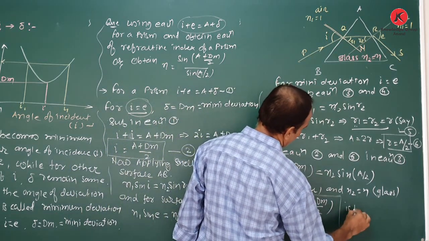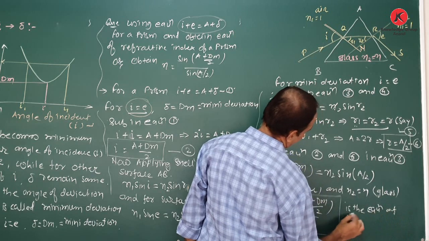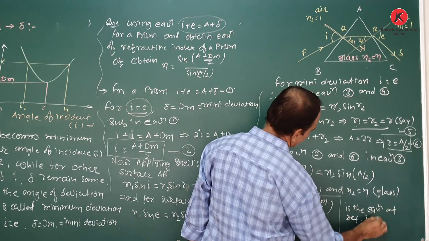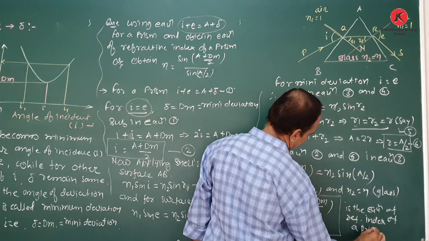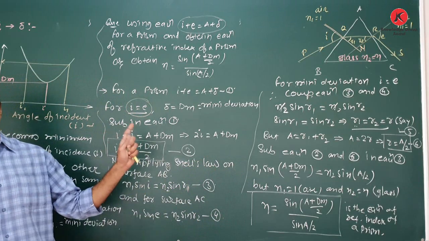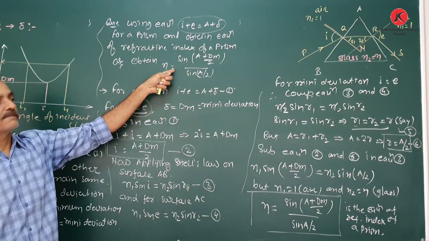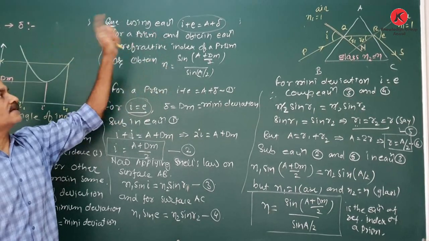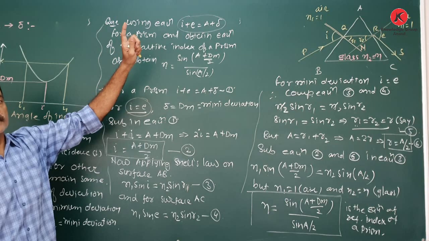This is the equation of the refractive index of a prism. There is also an important question to obtain the equation of the refractive index of the prism by using the equation I plus E is equal to A plus delta.